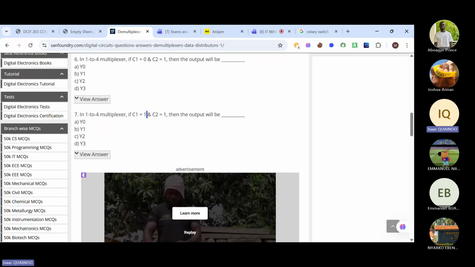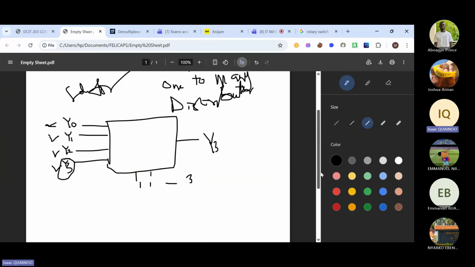Oh, okay, I was looking at this right here. And even the question is not a demultiplexer, it's a multiplexer. Okay. So question 6 is saying in a 1 to 4 multiplexer, C1 is 0, C2 is 1. Okay, let's do that.